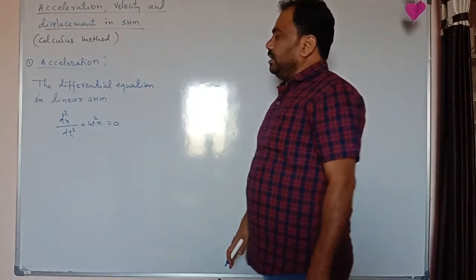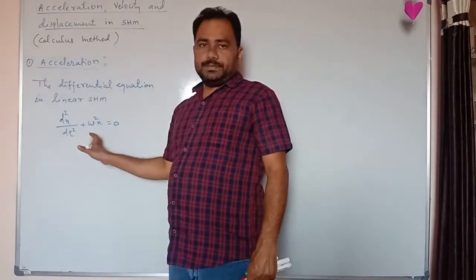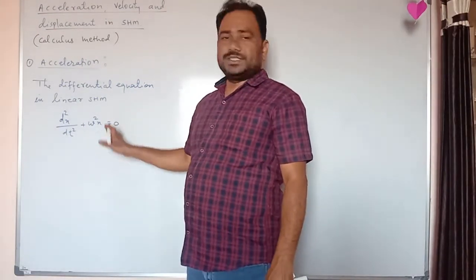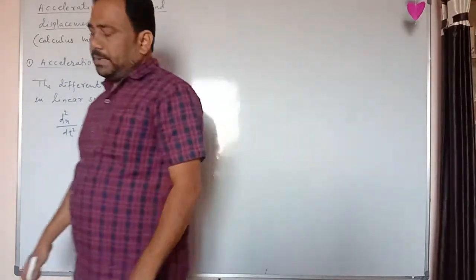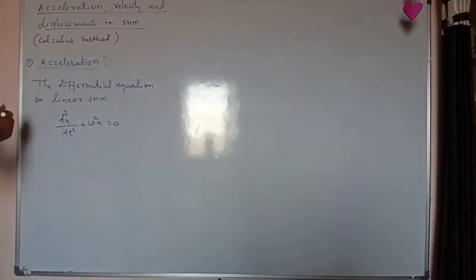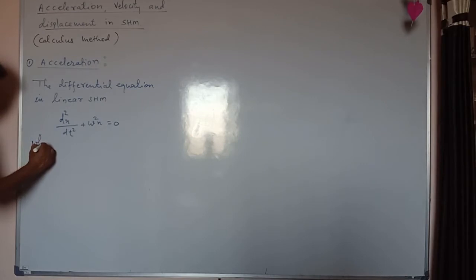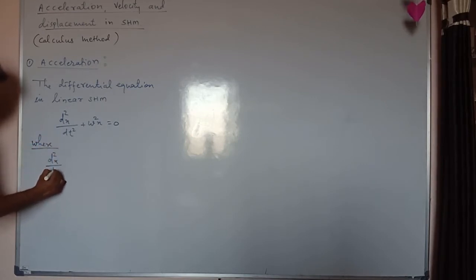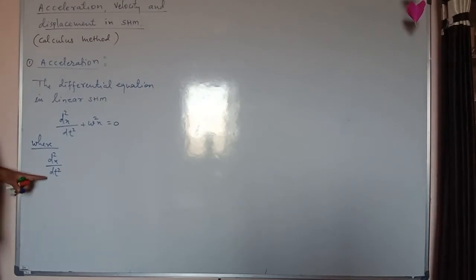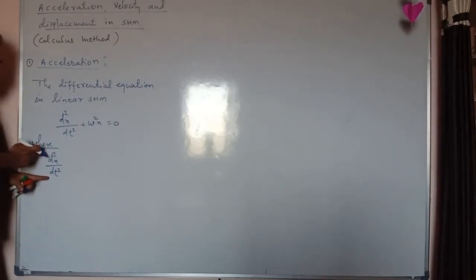Here also we know the parameters which are used in this differential equation. The first parameter is d square x upon dt square. What does d square x upon dt square mean? It is the double derivative of x.